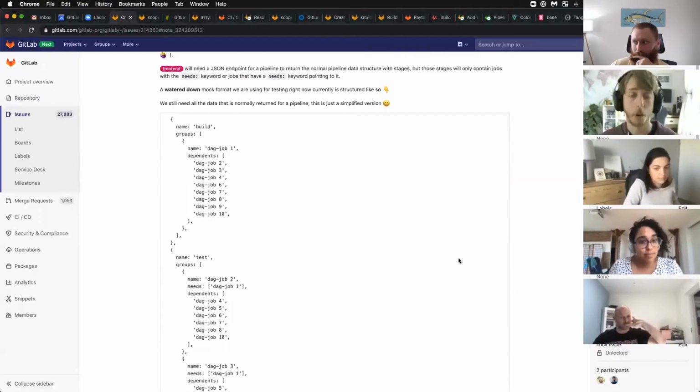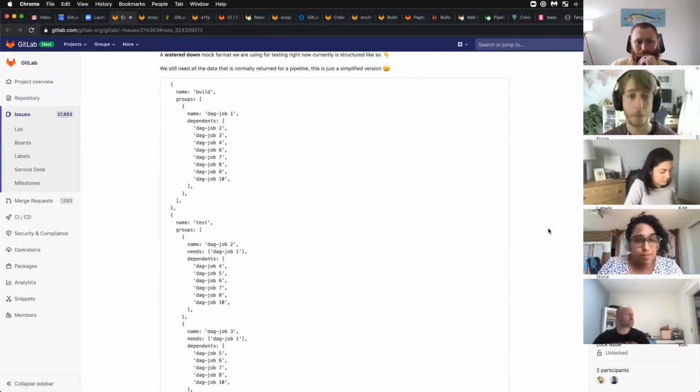Cool. Thanks, that makes sense. Also, another clarification: the data preparation we're talking about is what we are receiving in terms of data. We're receiving all the jobs, but we don't have the needs keyword, for example. That will be something we're expecting from the backend, so that we can have an endpoint that gives us all of the jobs that are basically DAGs and what jobs they require.